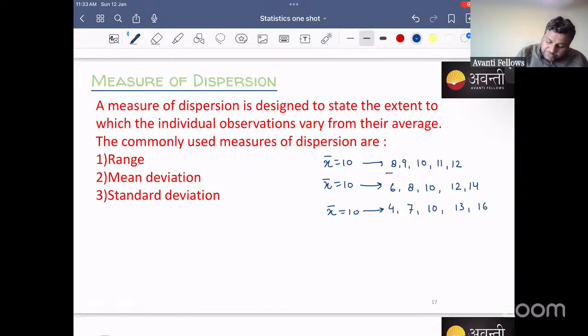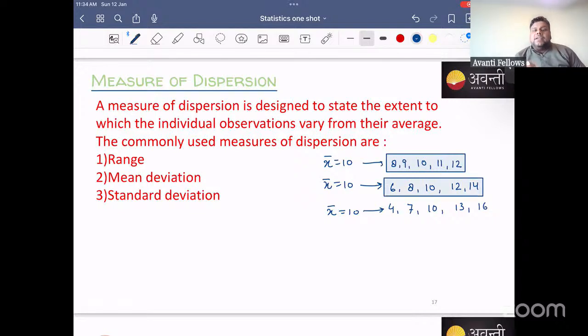But if you see, this will be considered as a very good data. This batsman will be considered as a good batsman because he is least deviated from its mean. So mean is 10, he is 1 or 2 runs deviated from that mean. But in this case, this batsman is very unpredictable. He may score 14 runs, he may score 6 runs with a mean maintaining 10.